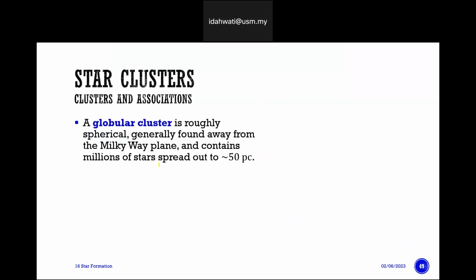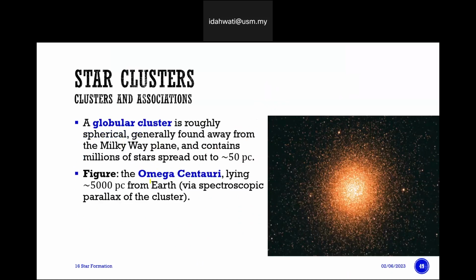The globular cluster is roughly spherical, generally found away from the Milky Way plane, and contains millions of stars. Like this figure, Omega Centauri, lying about 5,000 parsecs from Earth, measured via the spectroscopic parallax method.